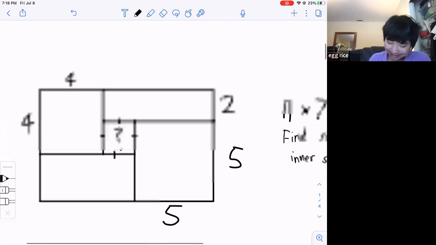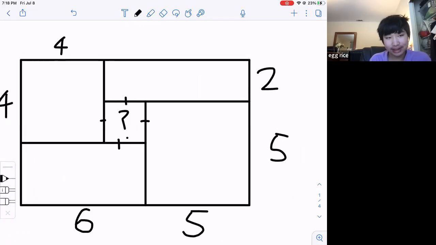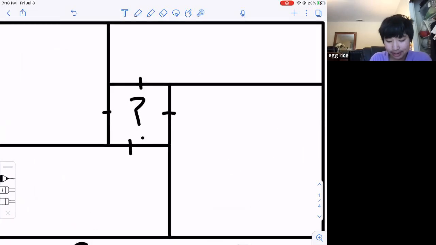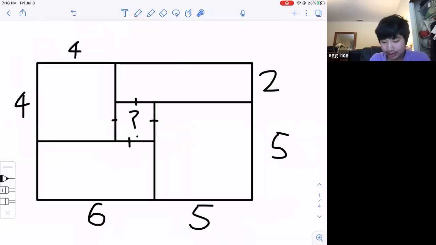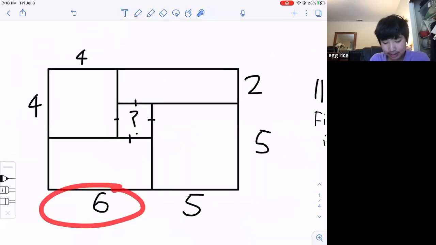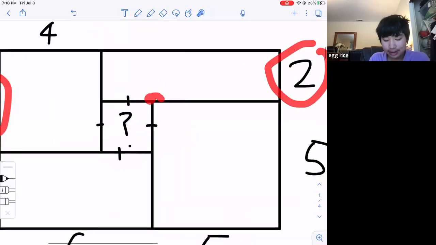So we did find this length, but you don't necessarily need it to find the center one right here. We can just use the length that we just found, which is 6 and 4. But we could also, of course, use this length and 4 to find these lengths.